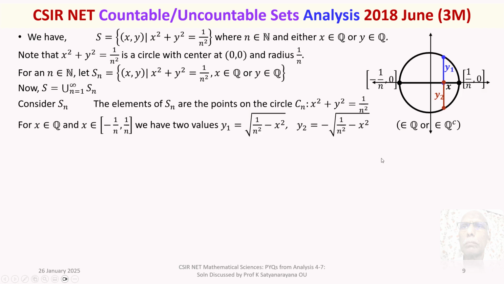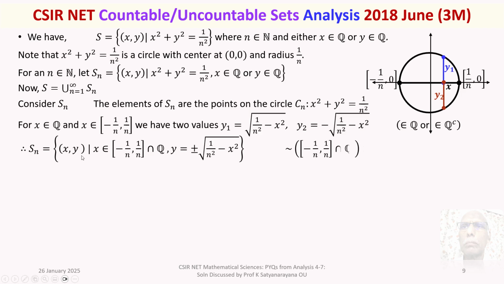Right. So now, Sn is equal to the set of all ordered pairs. The first coordinate x belongs to the rational numbers intersection -1/n to +1/n on this diameter. Corresponding to that x, you will get two y's.